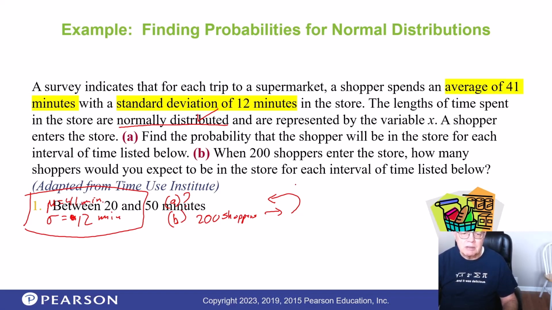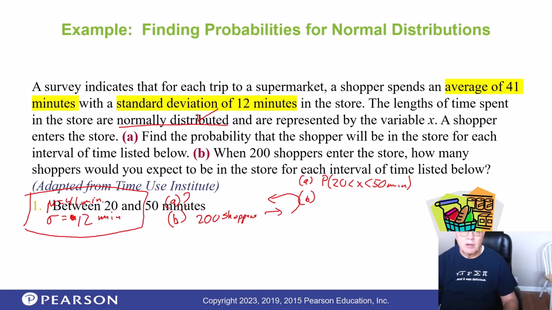So the first part, what are we looking for? We're looking for the probability that the person we pick has shopped between 20 and 50 minutes. That's what we're looking for. And then for part B, we're going to ask ourselves, if 200 people come into the store, how many will shop between 20 and 50 minutes?